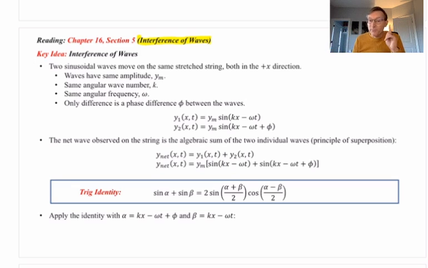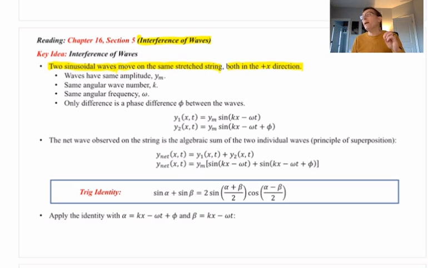So you know you're not working with just one wave, at least two. We're going to have two sinusoidal waves moving at the same time on the same stretched string. Don't worry about how you would get that to happen for now. Let's just take it as a fact. We have two sinusoidal waves moving on the same taut string at the same time, and both moving in the plus x direction.